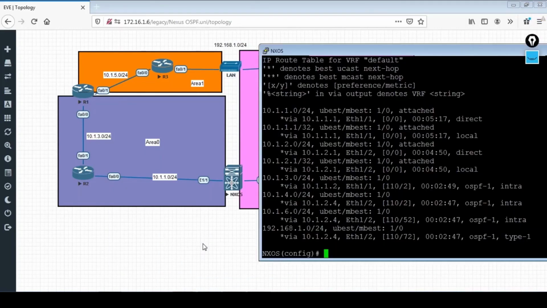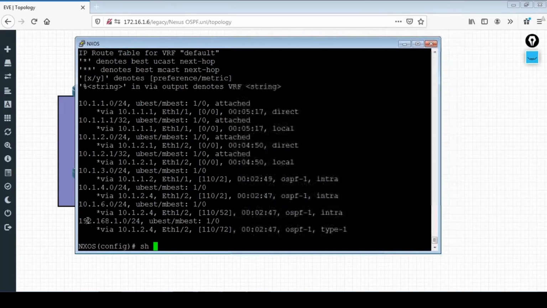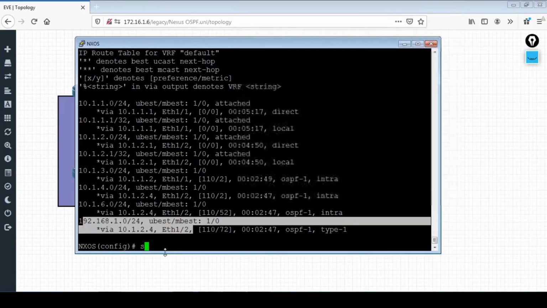I'm seeing certain missing things here. All right, we will look into that part. So right, this is going well. Let me see on R4.